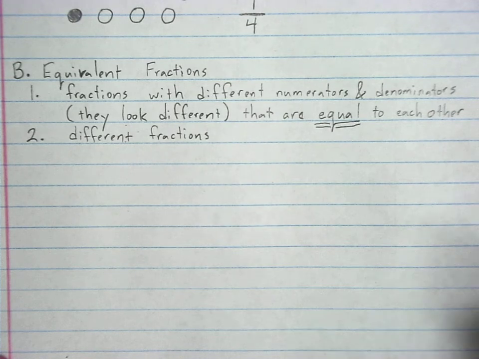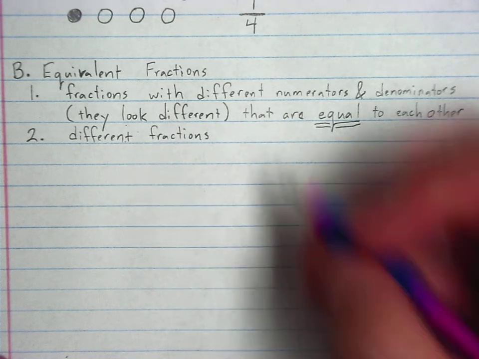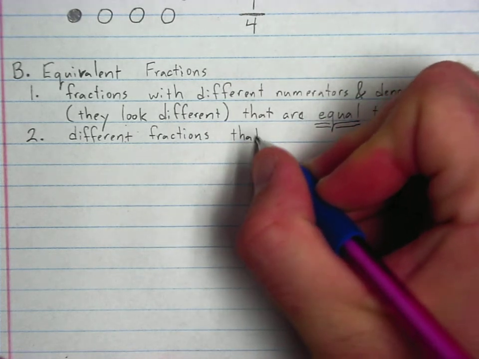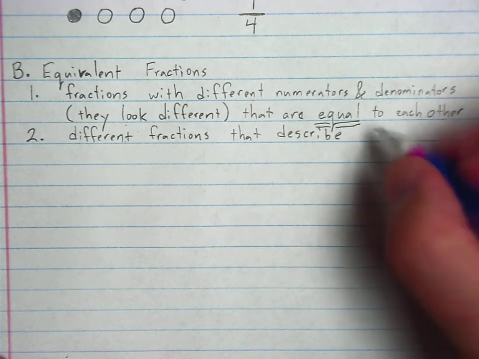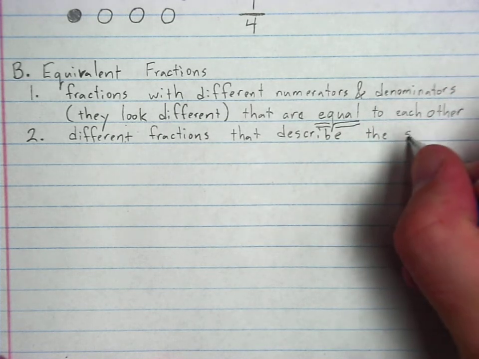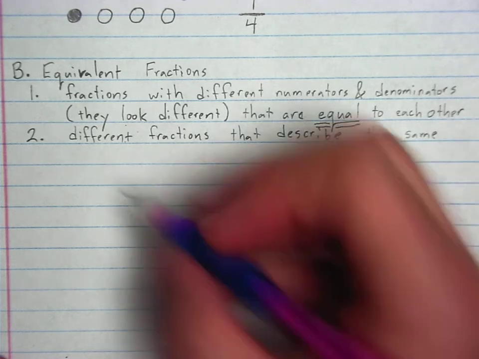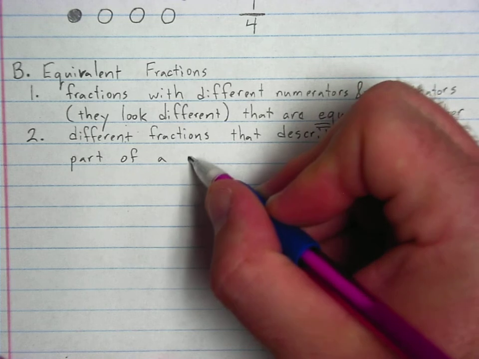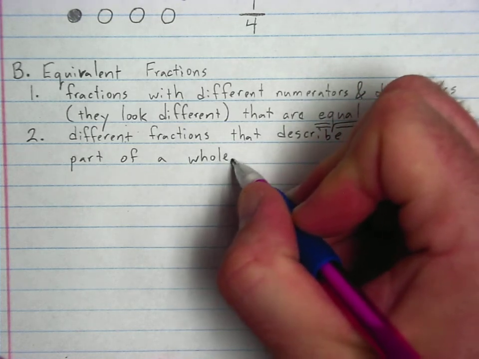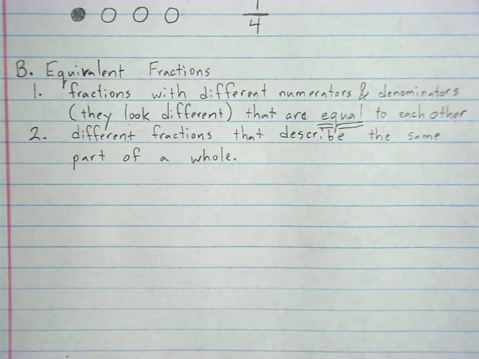I've said different about a bajillion times. Different fractions that describe the same part of a whole. So even though the fractions are different, they describe the same part of a whole.